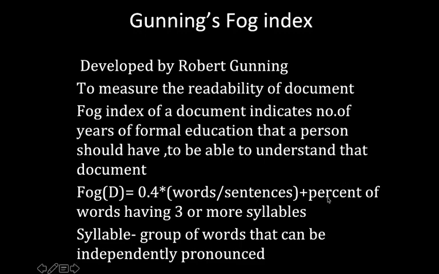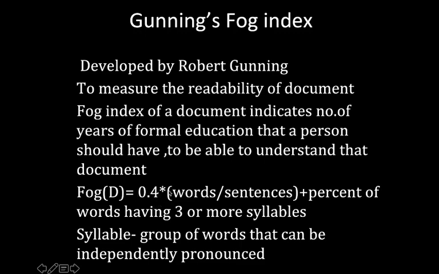So we have to find out the percentage of words having three or more syllables, because if we have lengthy words, that means it is very difficult to understand. It will be a difficult task to understand if we are using some lengthy words like that. If we are using such words, it will be difficult to understand for the user. So by calculating this, we will get some value.